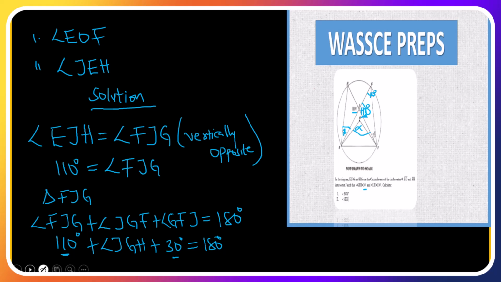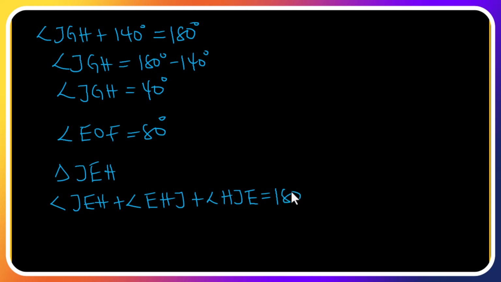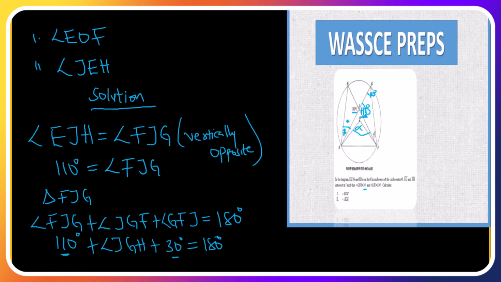From triangle JEH, we have these angles summing up, forming the interior angles, equal to 180 degrees. Now from the diagram, EJH is 110 degrees. We don't know the angle here.